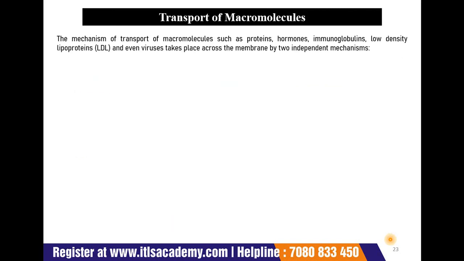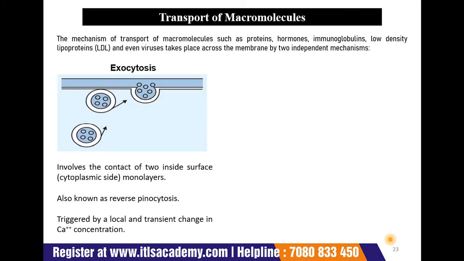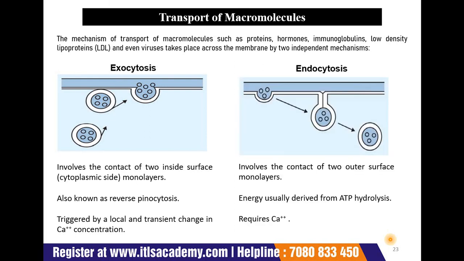Now, how does this transport of molecules occur, whether it's active transport, how does it basically happen? The mechanism of transport of macromolecules such as proteins, hormones, low density lipoproteins, viruses, or immunoglobulins takes place across the membrane by two independent mechanisms, which are exocytosis and endocytosis.